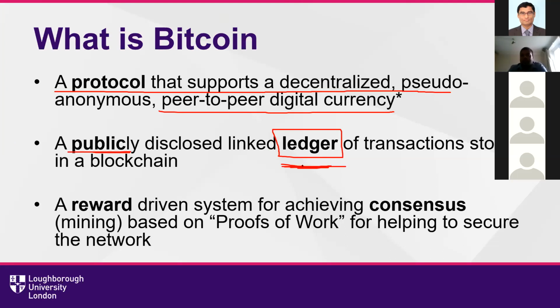However, you can't identify a single person, because those are just IDs. So it provides a publicly disclosed linked ledger that is called blockchain. Another innovation is the proof of work I mentioned before, the reward-driven system.